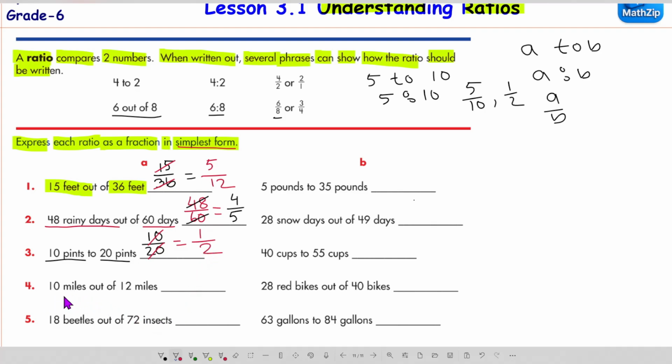Number 4, 10 miles out of 12 miles. So 10 by 12, we can divide this fraction by 2. So 10 divided by 2 is 5, and 12 divided by 2 is 6.